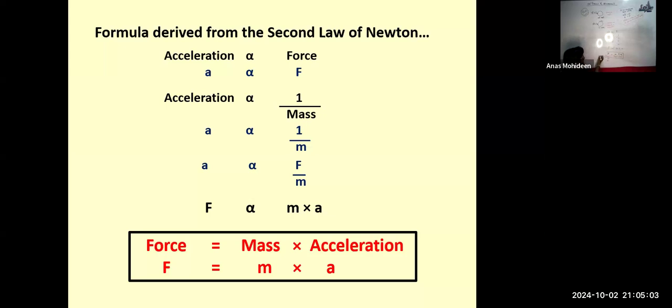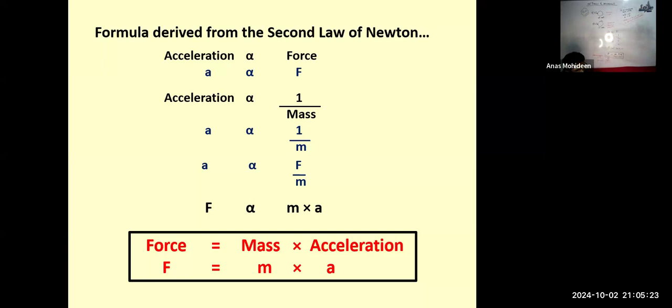So you see, it is the fundamental unit of force, and this is the SI unit of force. So kilograms meters per square second, this comes in some short questions.